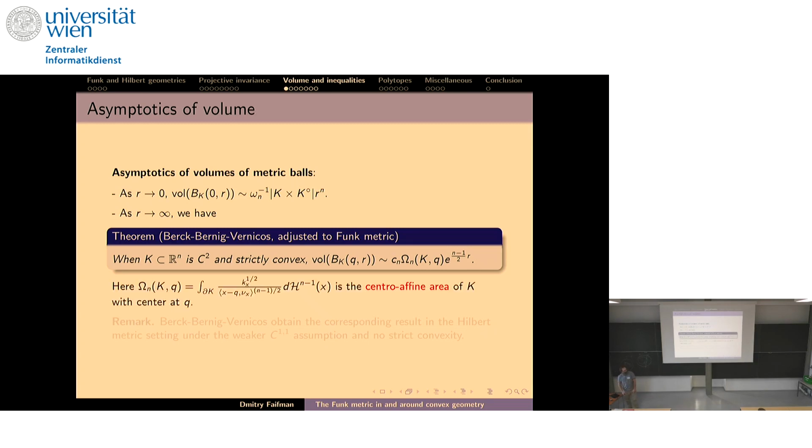It's called the centro-affine area of K. It's given by a certain integral of the Gauss curvature to the power 1/2, and here you have the support function to some power. Something, doesn't really matter what, it's a GL(n) invariant. It has been shown by Monika Ludwig to be essentially the unique GL(n) invariant valuation under some regularity assumption.